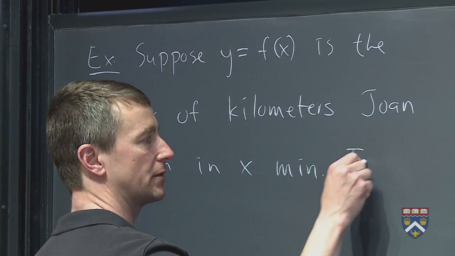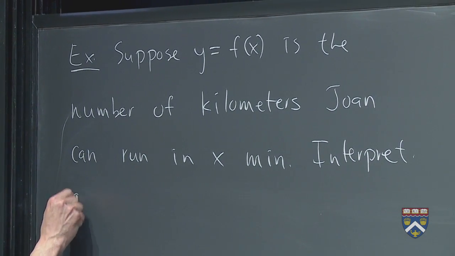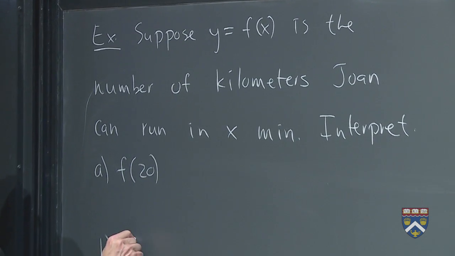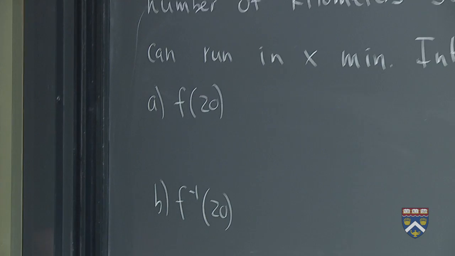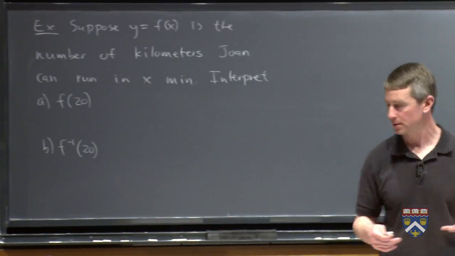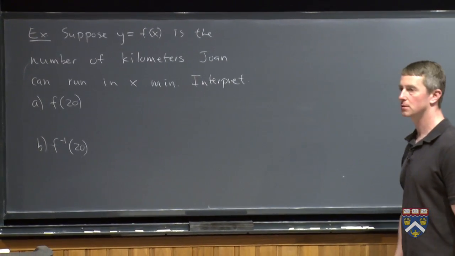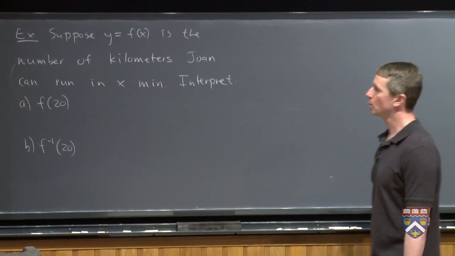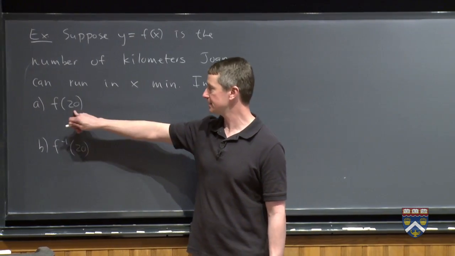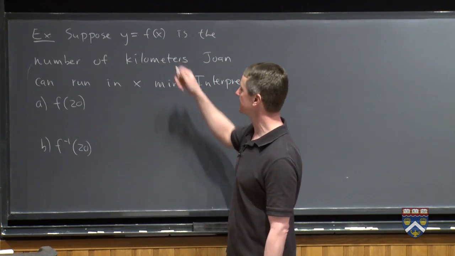And just as we did with our linear function at the start of the night, we want to interpret the following quantities: f of 20, f inverse of 20. And the good thing to do with these problems is to try to get the units right. In this case, what is this? 20 minutes or 20 kilometers? We're told that f of x is the number of kilometers she can run in x minutes. So this is 20 minutes, and therefore the output of this is in kilometers.